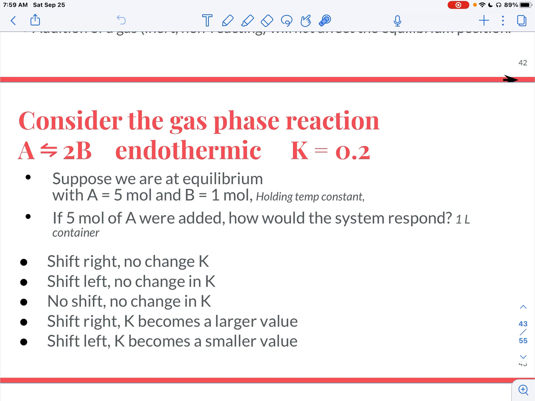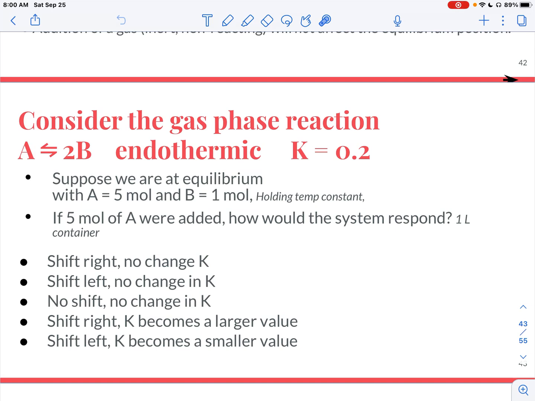If then an additional, so this bullet point is we're already at equilibrium. The system's at equilibrium. Great. If an additional 5 moles of A was added, how would the system respond? Okay, so let's take a look at our choices here.